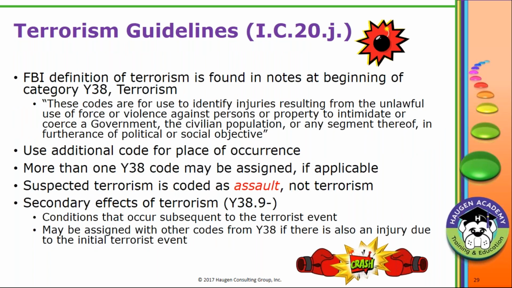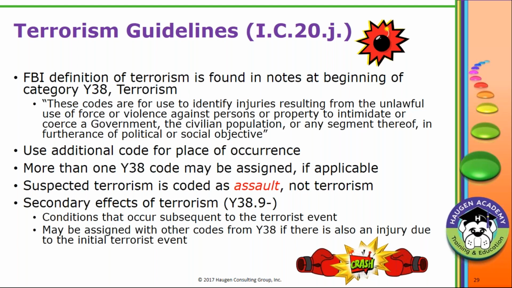The terrorism guidelines, this is something that in the past I have really just glossed over because I thought, oh, terrorism is something that happens in the Middle East. It's not something that happens here. And unfortunately, over the last several years, that's been proven to be completely untrue and inaccurate. The thing you need to know is that the FBI does have a definition of terrorism, and it is found in the notes at the beginning of category Y38.